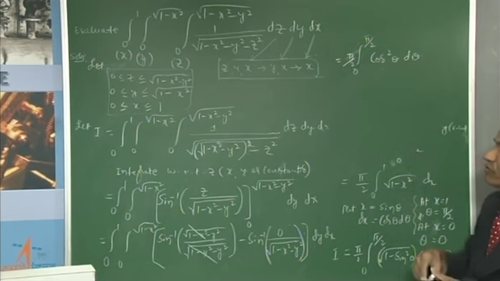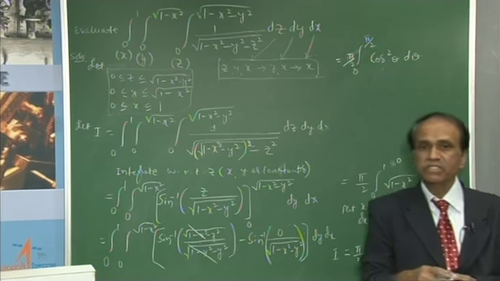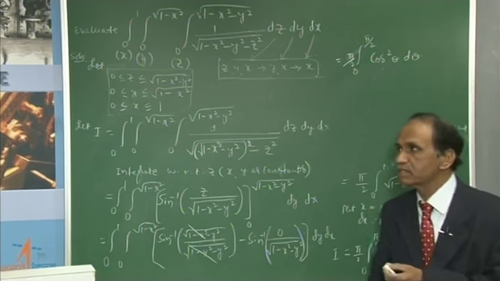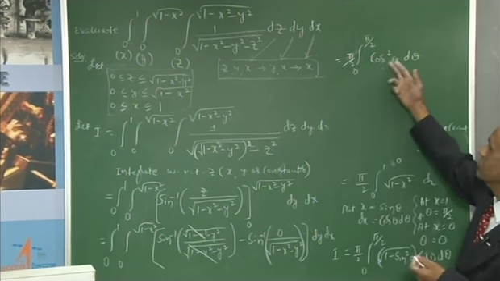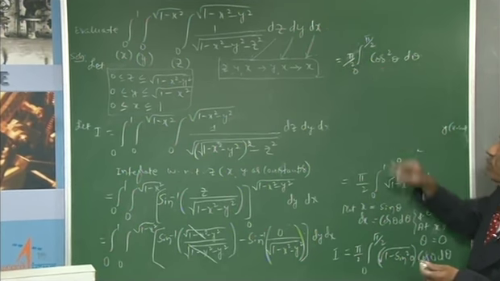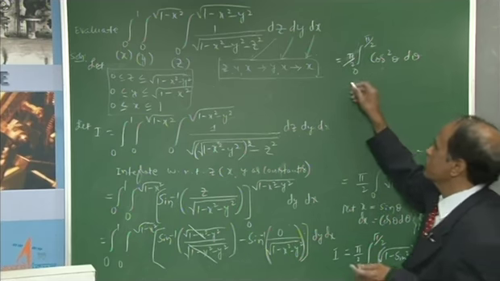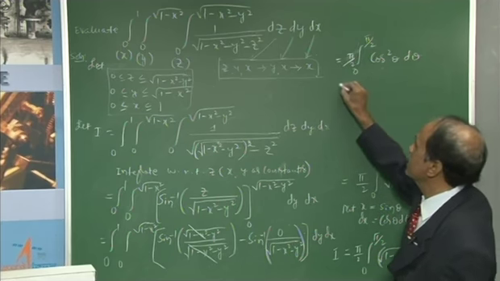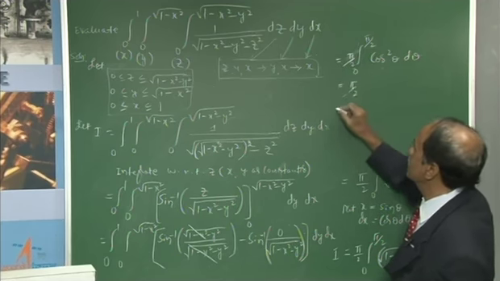What is the formula you have studied in the previous syllabus? When n is even, that is n minus 1 divided by n, multiplied by pi by 2. Like that also you can take. In any way you can manage, that is pi by 2 here.